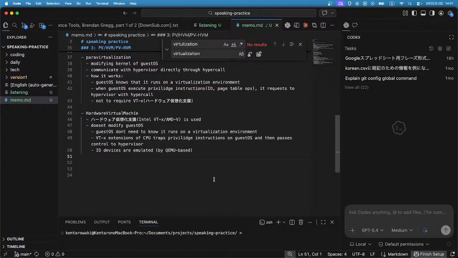Okay. And do I need to mention memory access?